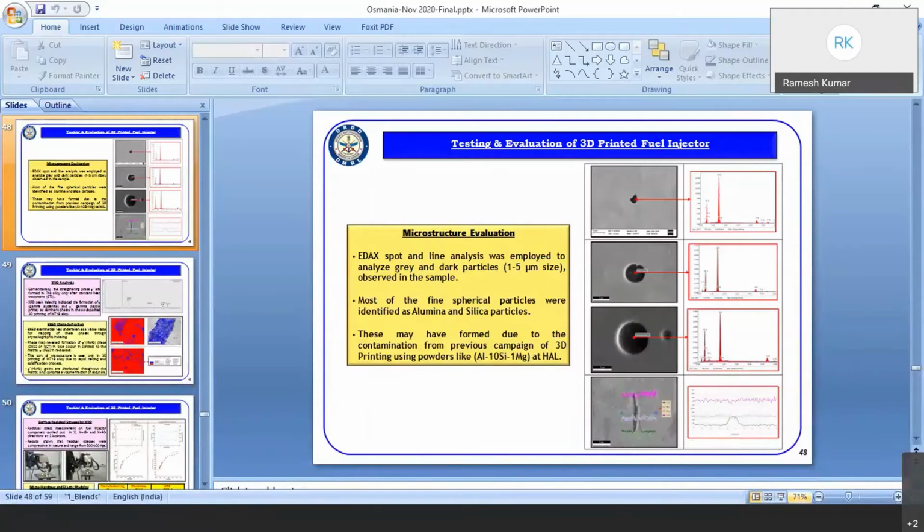Sir, your PPT is not seen, sir. You are not sharing. Now we are able to see. Sir, press F5.